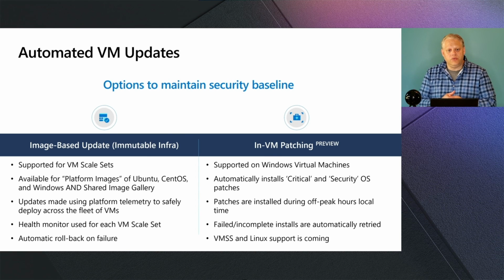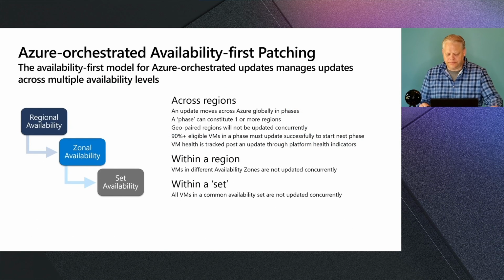What this will do is automatically update your VM instances in a very safe and reliable manner, applying critical and security OS patches. In addition, it'll do this explicitly at off hours within the local data center, in the hours of 4 a.m. to 8 a.m., to try and avoid as much impact to your application as possible.